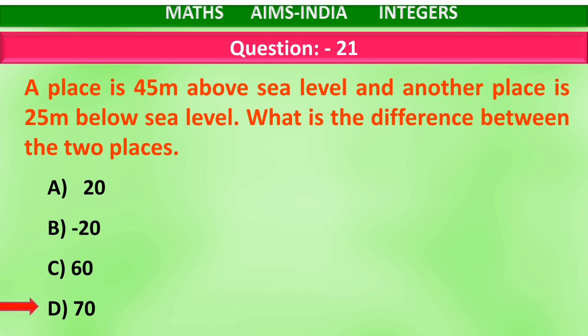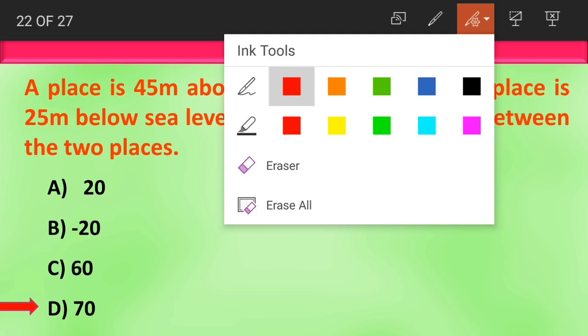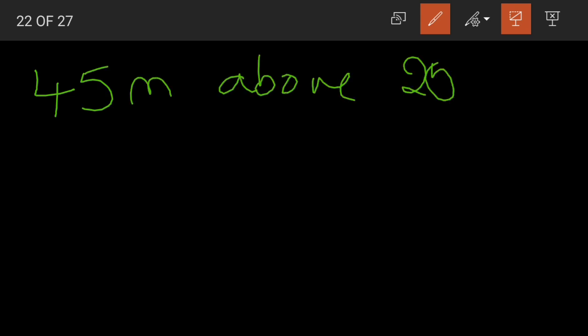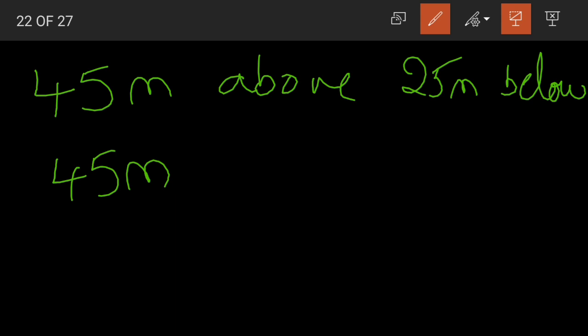The correct answer is option D, 70. I'll explain how. What is the question saying? One place is 45 meters above sea level and the other is 25 meters below sea level. Now this will be 45 meters, and if you remember our first class about integers, what did I say about using integers in our daily life?